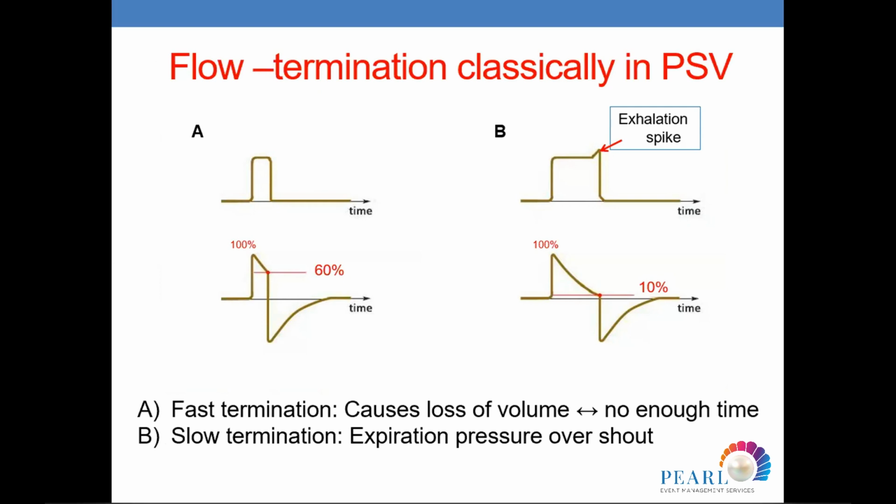You are not enabling the expiratory valve to open. So the baby will exhale on top of the closed valve. This will show you as an exhalation spike. So this means that you need to adjust your flow cycling. Fast termination causes loss of volume, and with slow termination, there will be pressure overshoot.